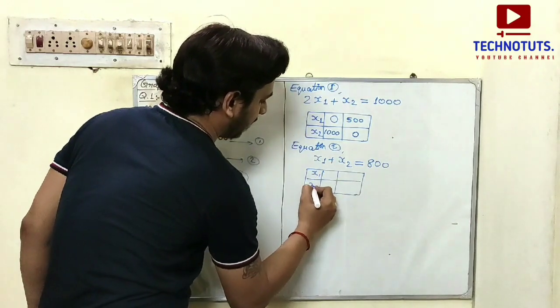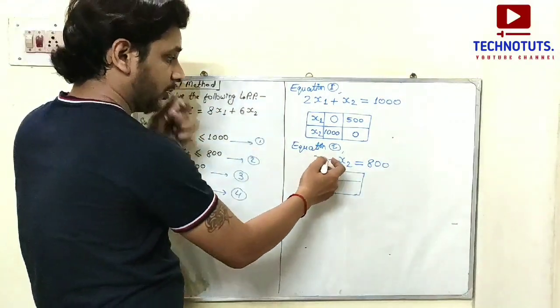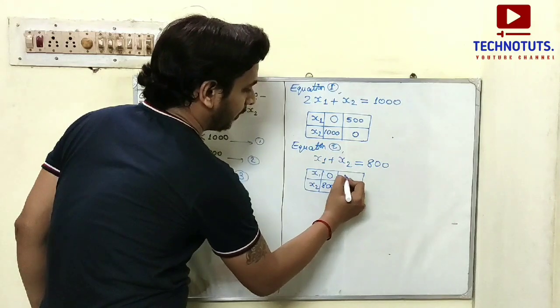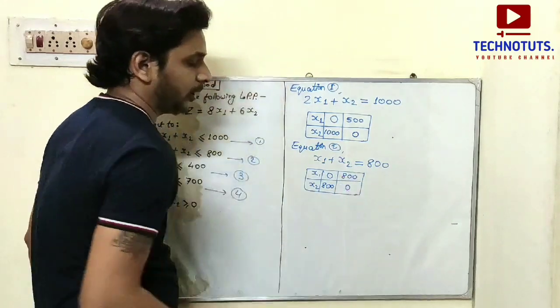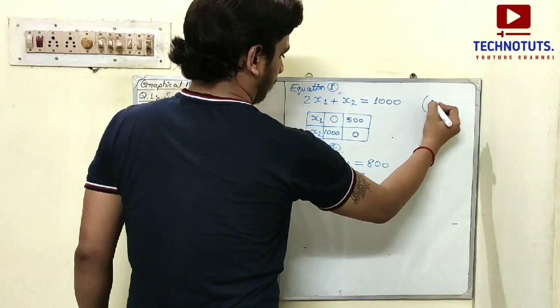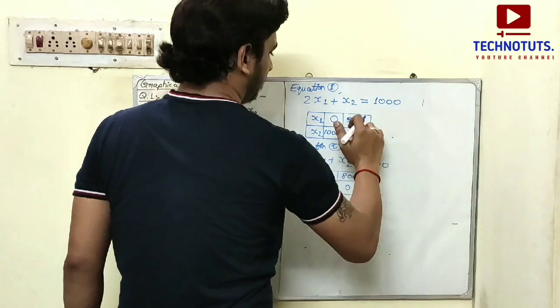When x1 = 0, what will x2 be? 800. And when x2 = 0, what will x1 be? 800. We have found two coordinates. So for equation number 2, the two coordinates are written over here.